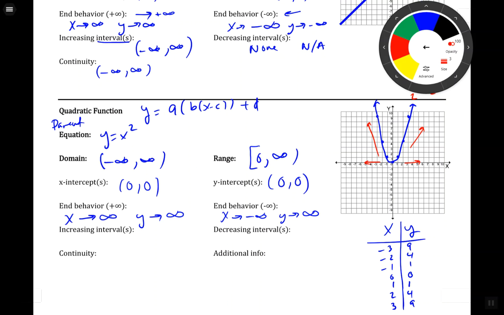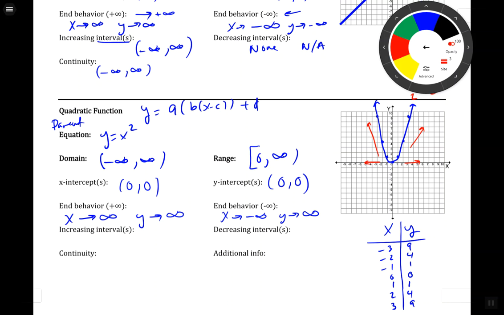Yeah. As long as it's just x to the fourth. Whenever I start to do anything else to it, it changes. Anyway, the parent function goes. Is the end behavior the same? Yes. Any even function. What's an even number? It's 2, 4, 6, 8. So x to the 12th. Does it have the same end behavior? Yeah. All that happens is in between you get all these weird humps in it, but it's going to go the same way as long as it's even.